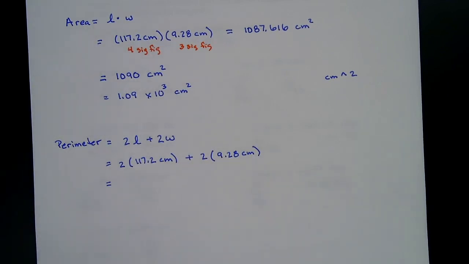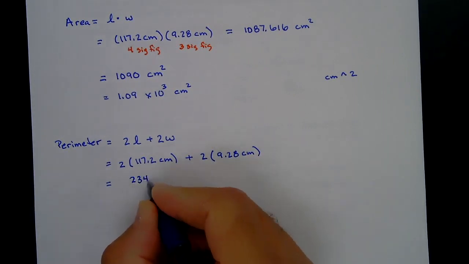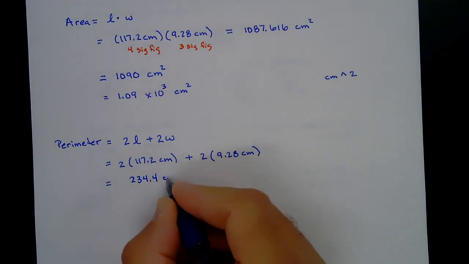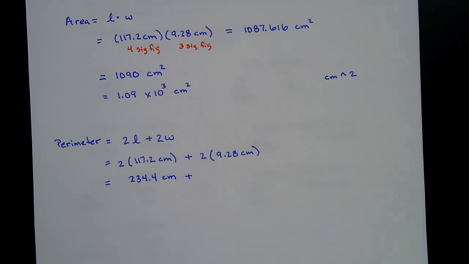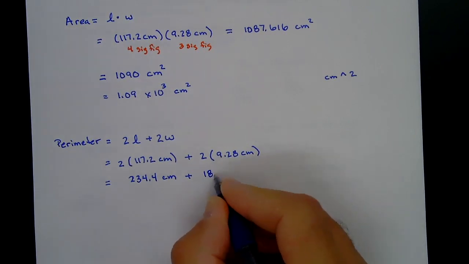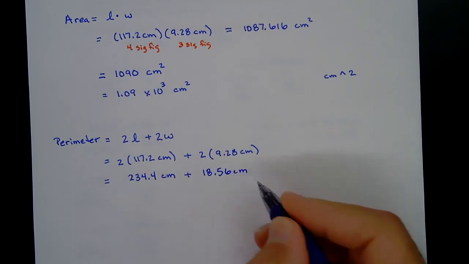Okay, so 117.2 times 2 gives us 234.4. And then plus 2 times 9.28, and that's 18.56 centimeters.